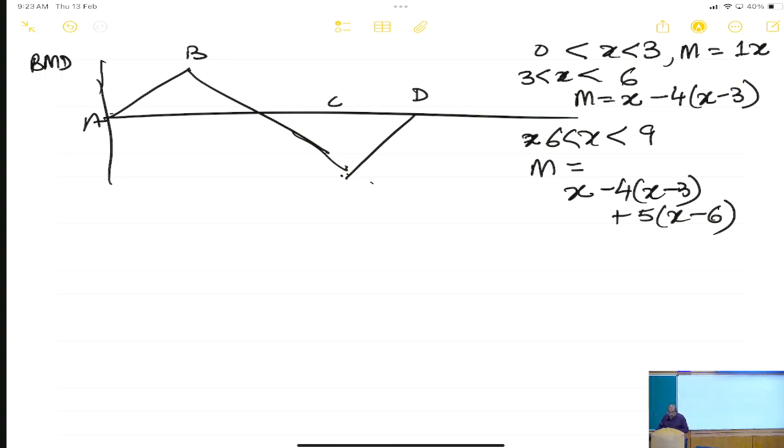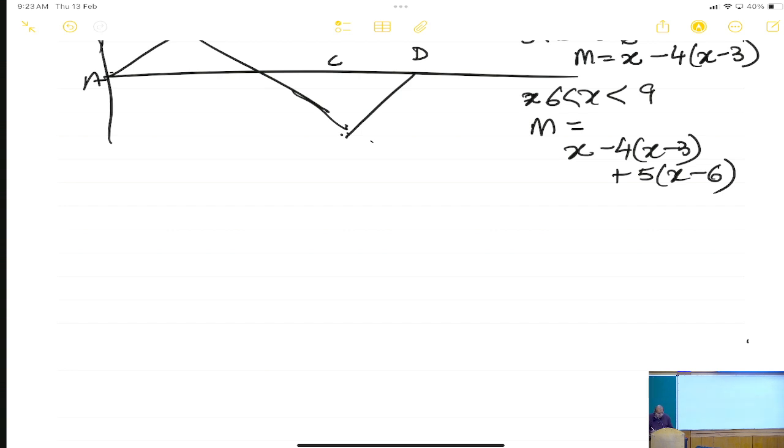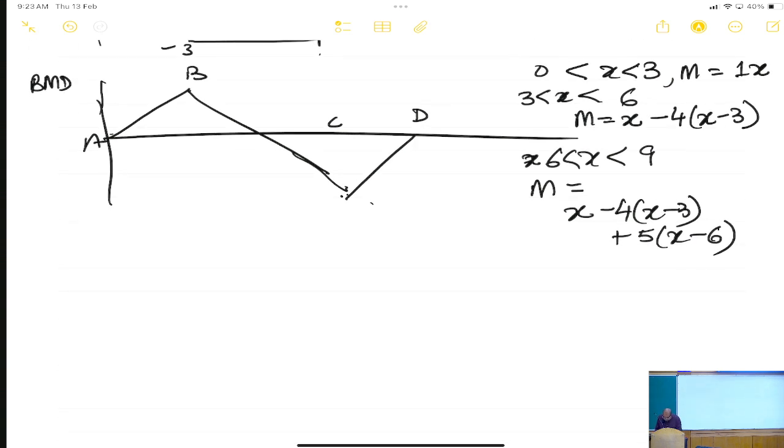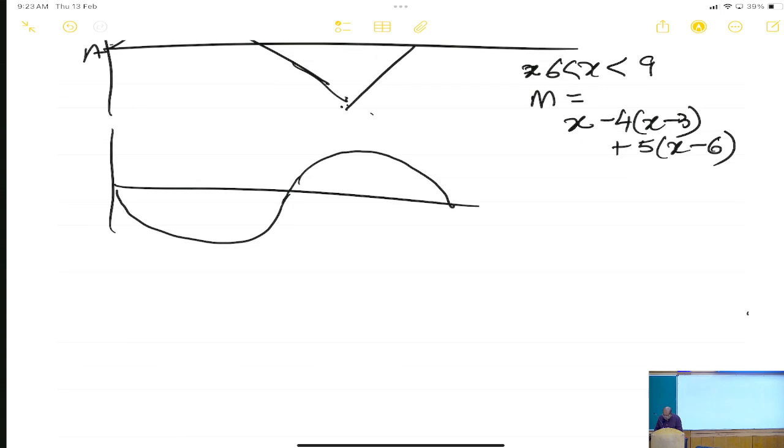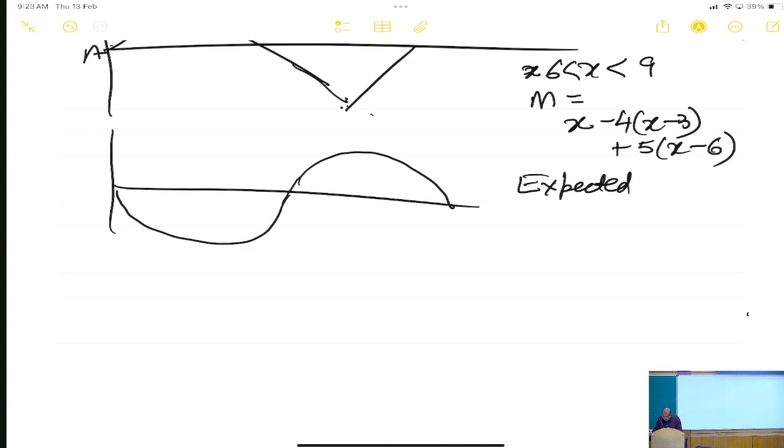So, we draw this. Now, given this bending moment diagram, if the bending moment is like this, this is the expected shape of the beam.